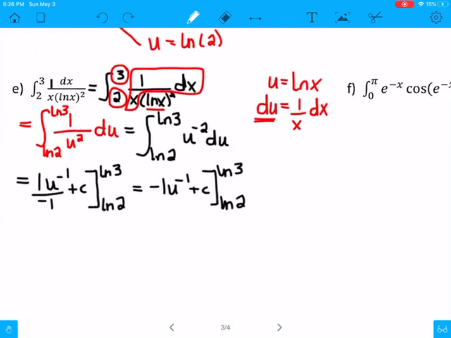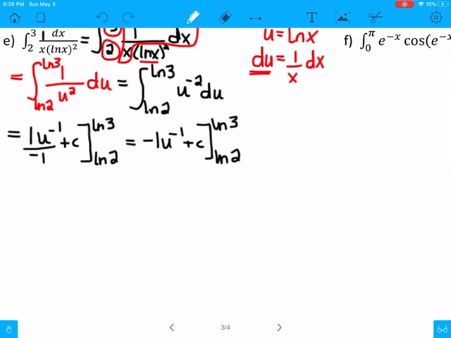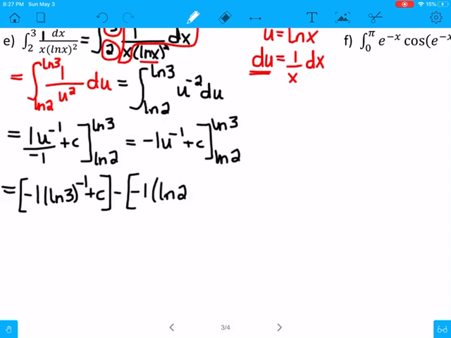All right, now I have to do the fundamental theorem of calculus by filling that 3 and that 2 in. So I'm going to get negative 1 times ln 3 to the negative 1 plus c, minus negative 1 times ln 2 to the negative 1 plus c.